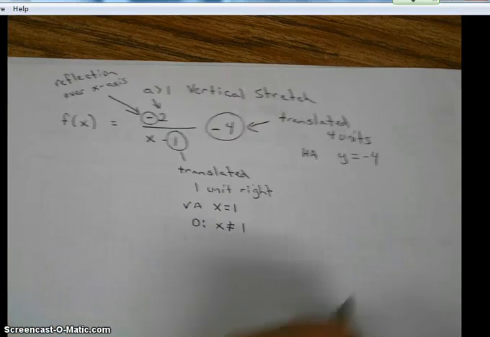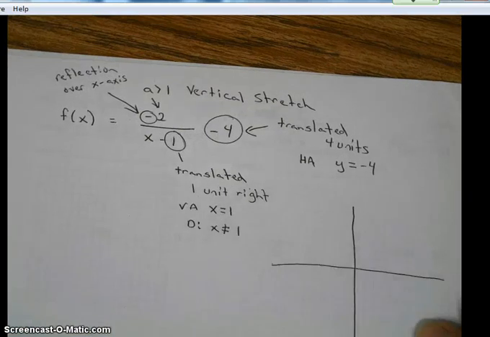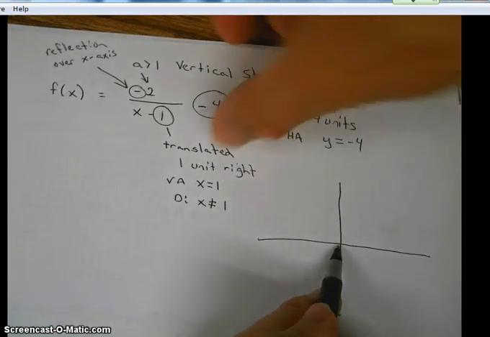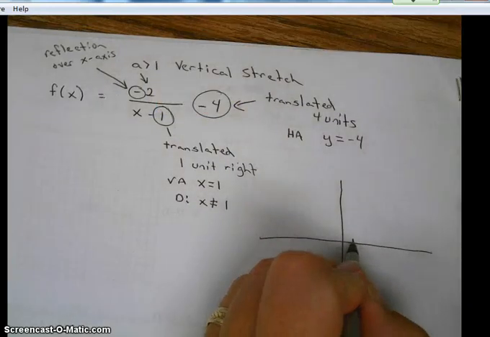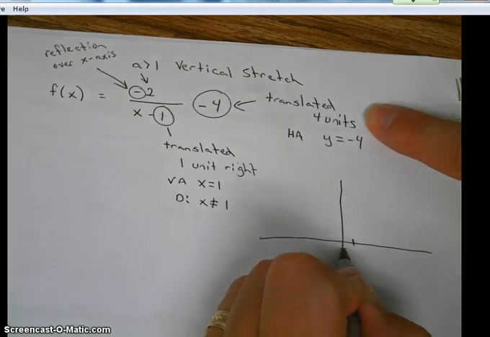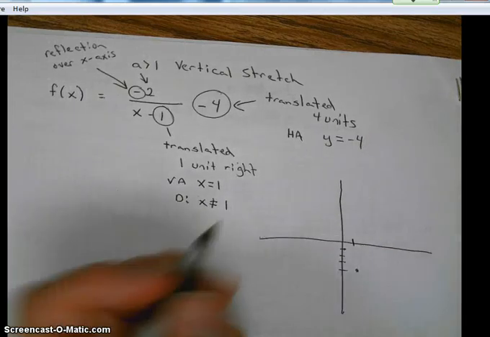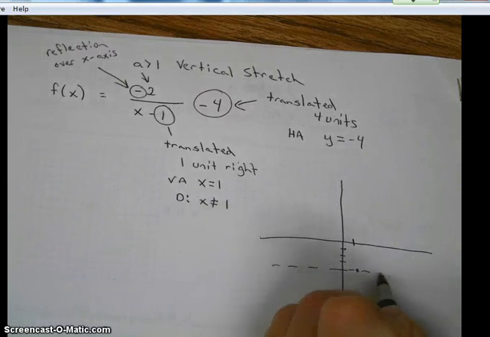Now, if we were to graph this, remember, where do we start? We start at 0, 0. So we would go 1 unit to the right. And then we go 4 units down. All right, so that's our new center. Remember, that's the center of our asymptotes.